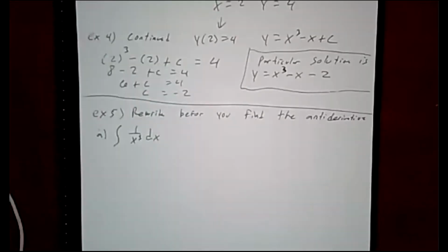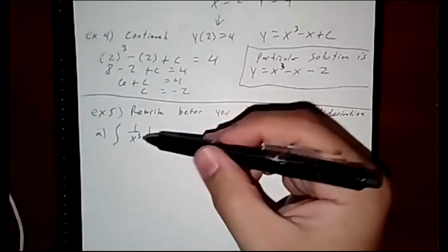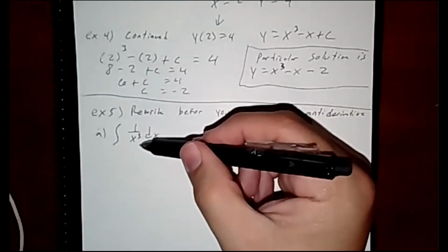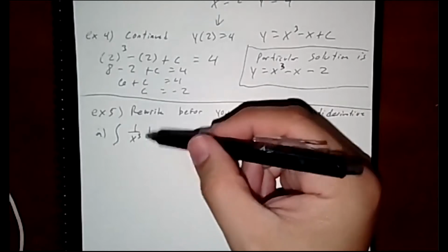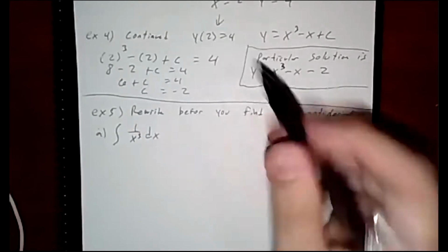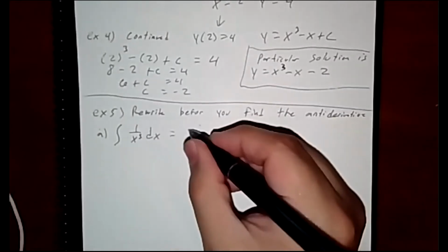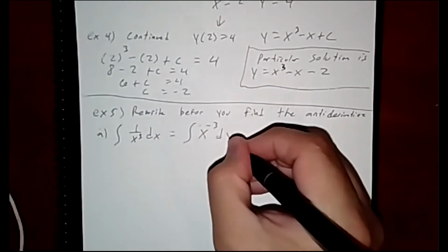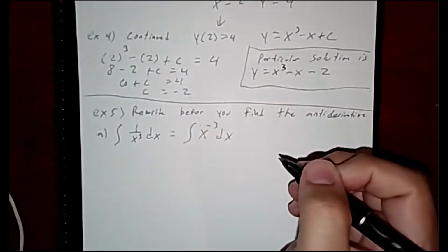In algebra, when you move a variable up to the top or the bottom, the only thing you need to do is change the sign of the power. So for example, you move it to the top, but it changes to -3. Okay.